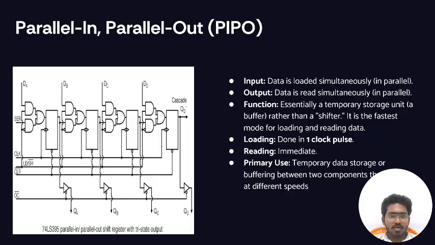The loading is done in one clock pulse only. It does not perform a conversion, but it is useful for holding data between two different parts of a system that may need to temporarily pause or synchronize their operations.